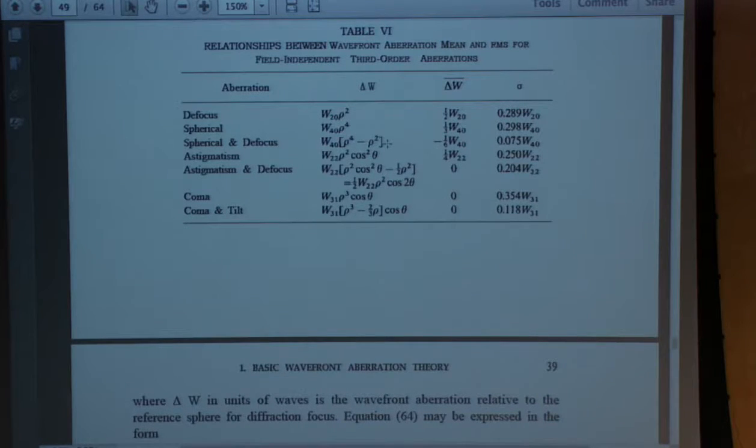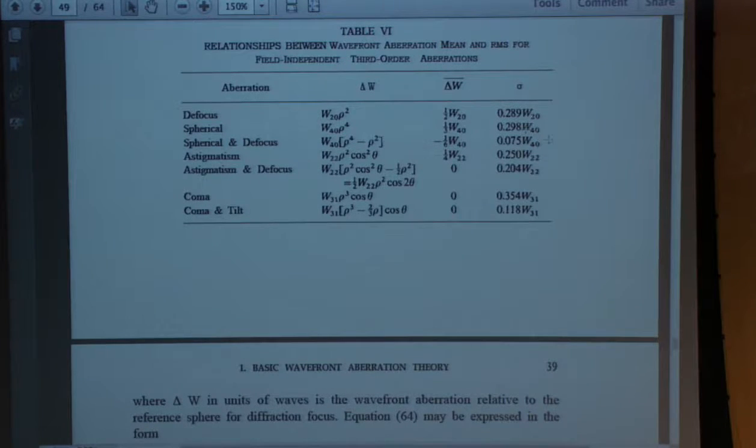Why did I pick that number? Because we said that one property of the Zernikes was that they add in the appropriate lower order terms to minimize the RMS. And we saw that for spherical, we wanted the same amount of defocus as we had spherical, but opposite sign, in order to minimize the RMS.